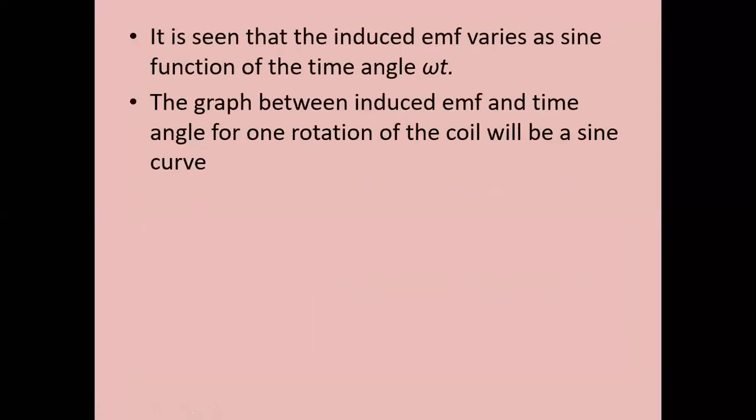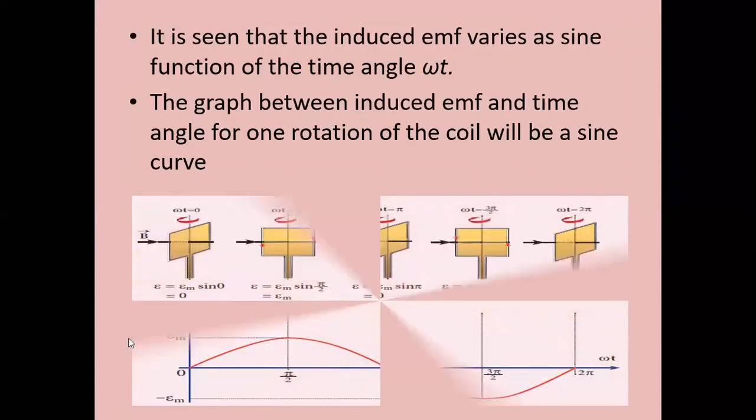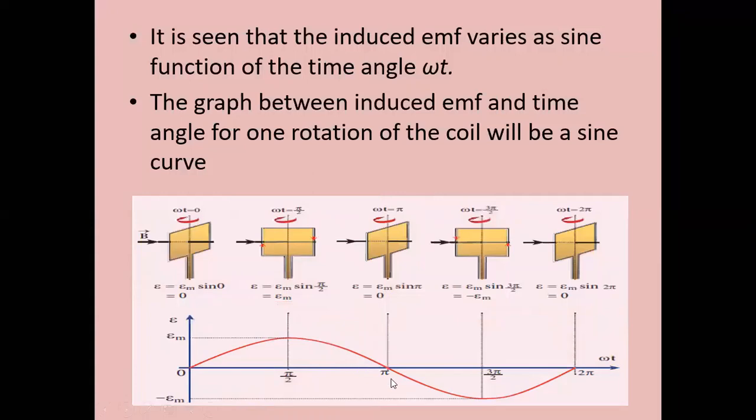Okay. So the EMF varies as a sine function of time. You can see here, this is a sine function curve. Here the graph is between ωt and the induced EMF epsilon for one rotation of the coil, and we are getting a sine curve.